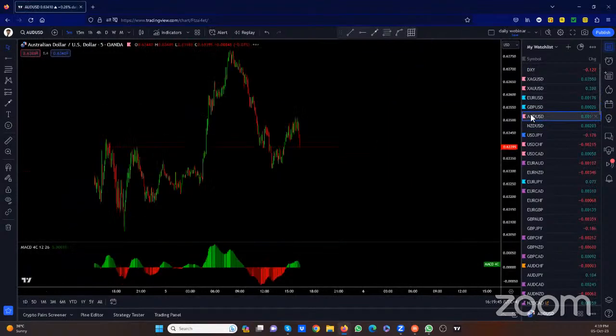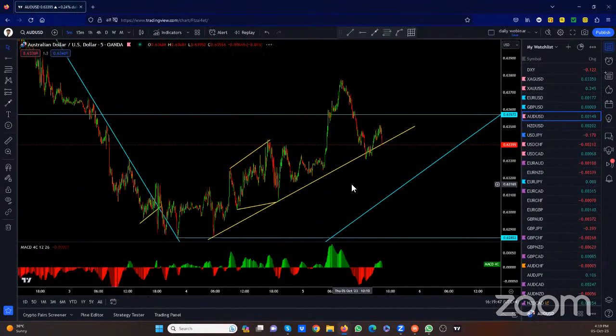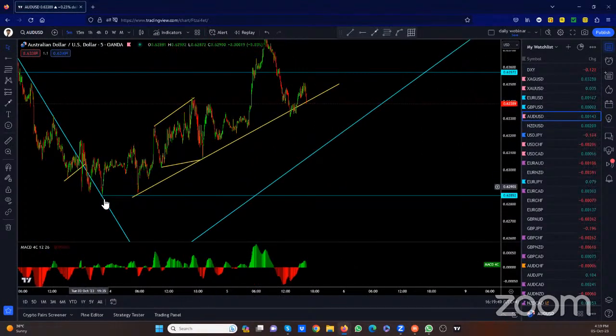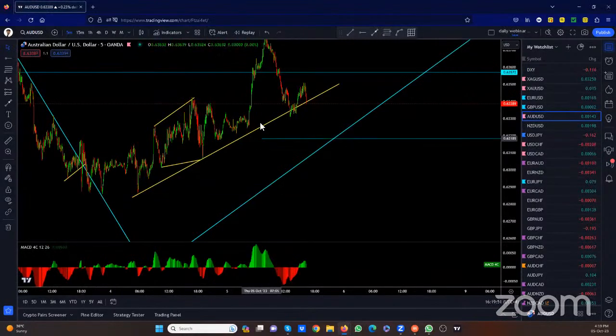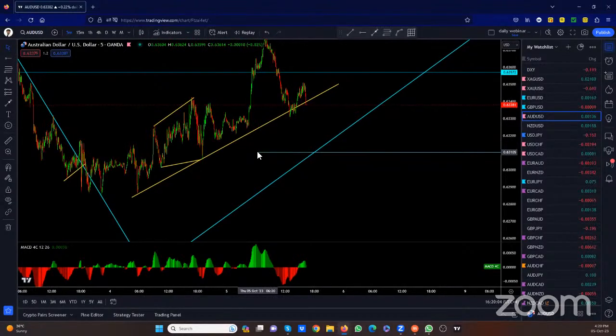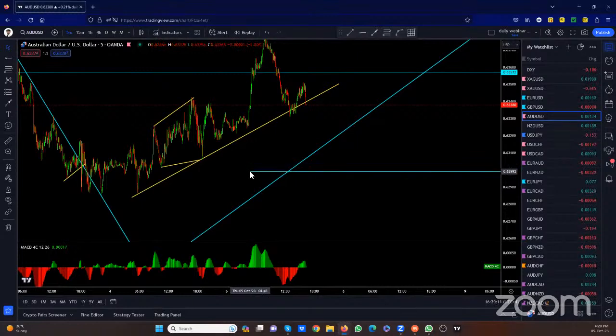Aussie, I think a sell is a good idea. We just need to decide where to put it. So let's take off this one and put the entry somewhere here. We'll have to go somewhere at 0.8.